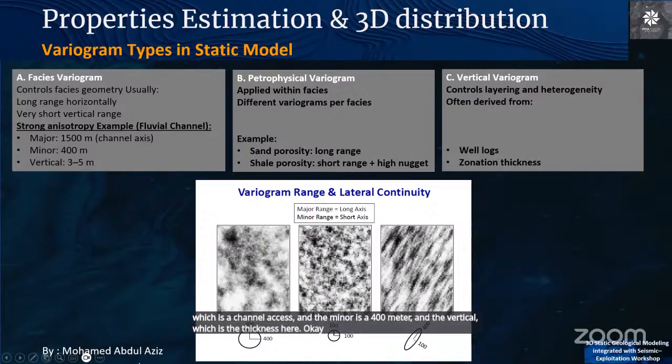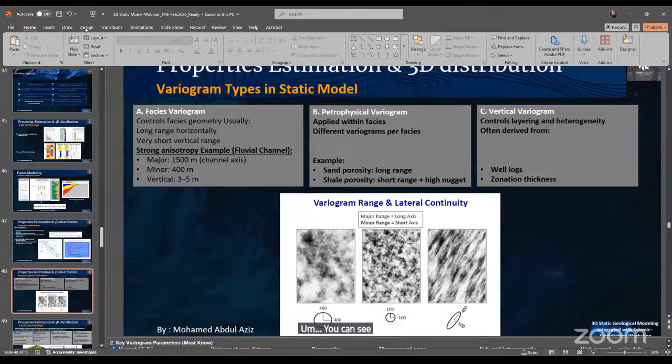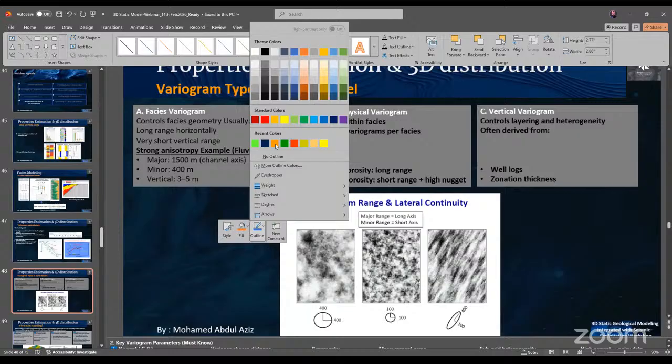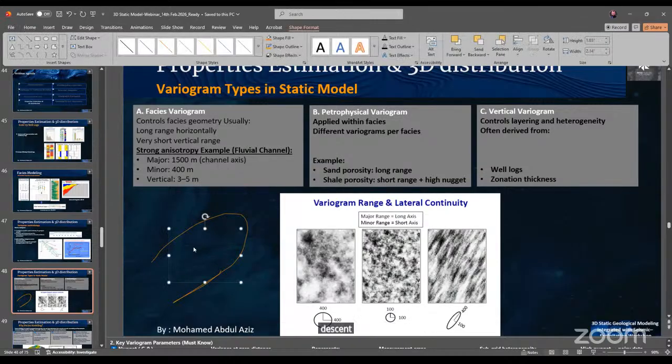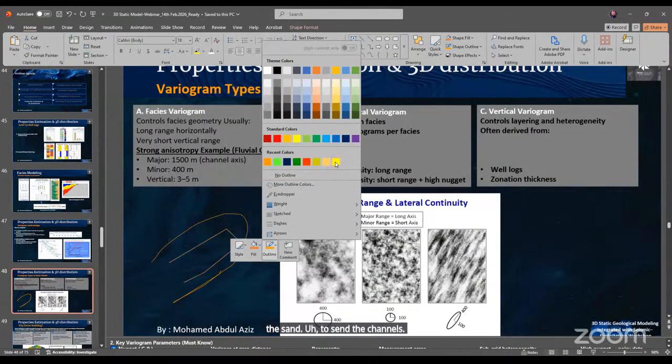Okay, I am coming back to the bent. I can draw it here. You can see my screen, I think, right? If you have a picture like that, this is a channel, for example, and you have sanded channels like that.